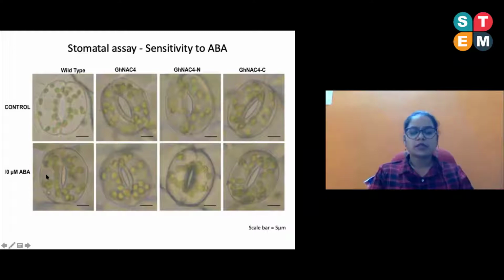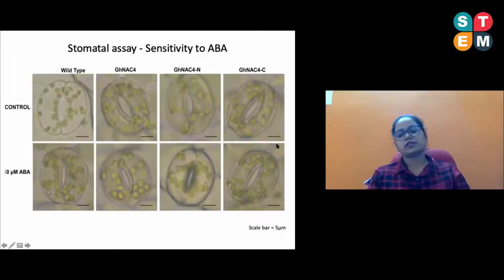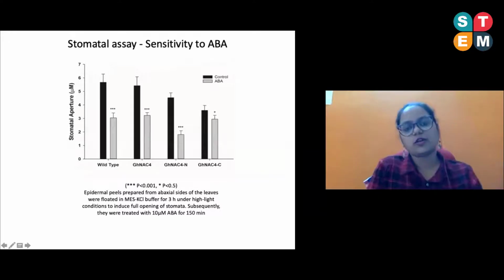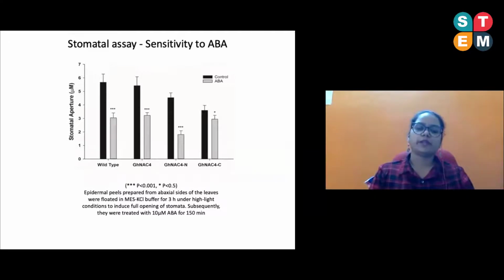With this, we conclude that the ABA hypersensitivity resides with the N-terminal transgenics, and the C-terminal transgenics are nearly insensitive. Here is the graph showing the quantification of the stomatal aperture width under ABA treatment.